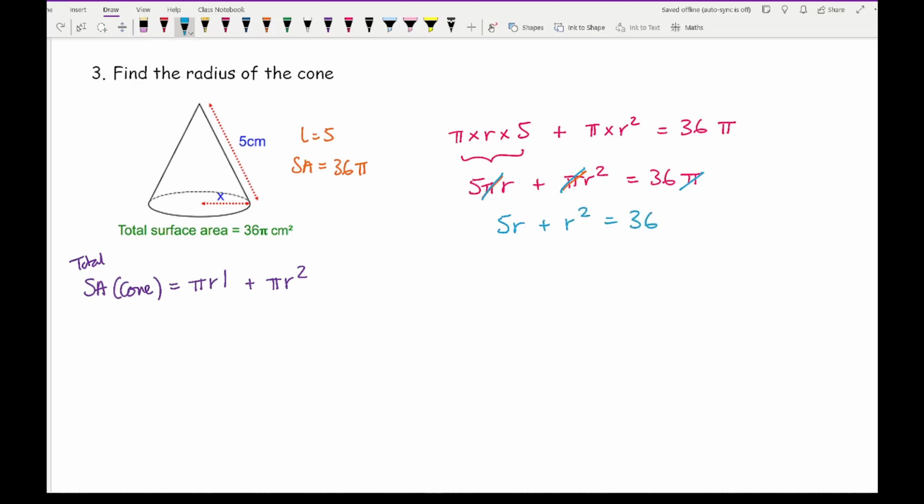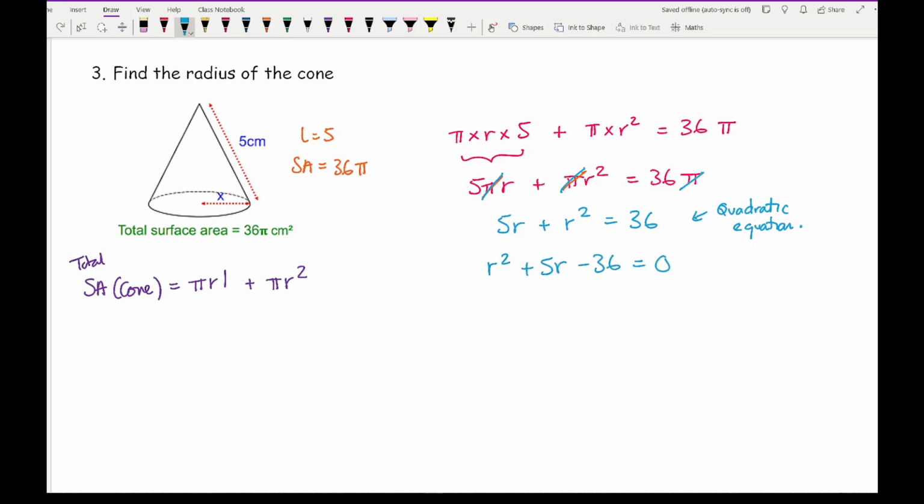Now hopefully you're spotting that this is starting to look like a quadratic equation. When solving a quadratic equation, we want to make it equal to 0. So we've got r squared plus 5r minus 36 equals 0.